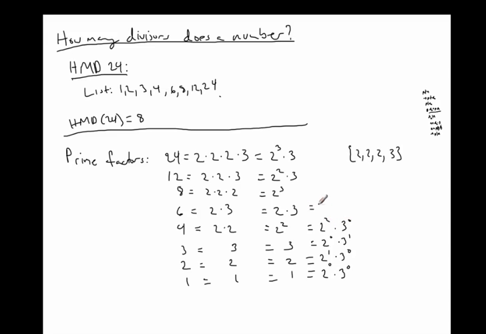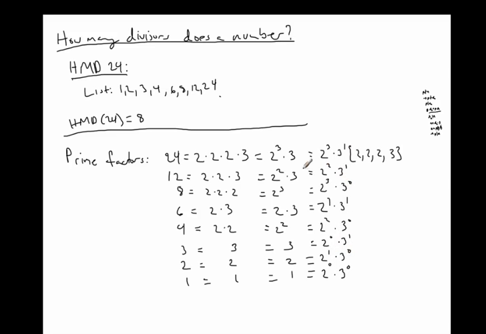Here we've got one 2 and one 3. Here we've got 3 2's and no 3's. Here we have 2 2's and one 3. And here we have 3 2's and one 3. So here we have all of the possible exponents of 2 and all of the possible exponents of 3, and all the combinations of those.